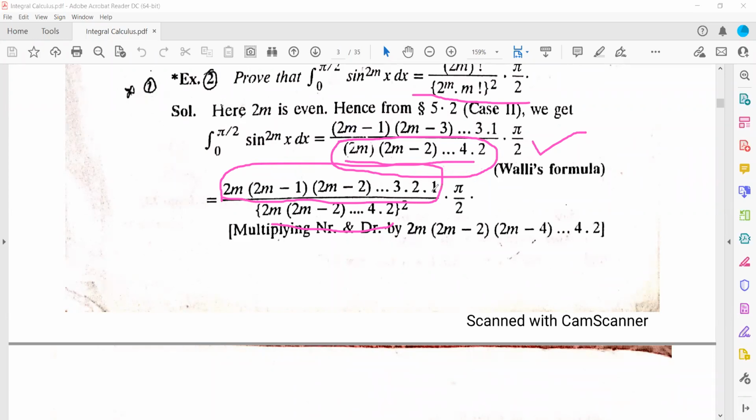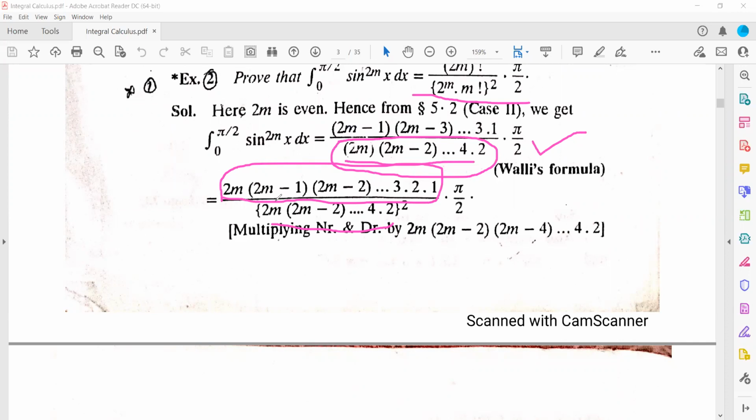Here it is the same thing. It started from twice m, and each term decreases by 1: twice m, twice m minus 1, twice m minus 2, twice m minus 3, like this going up to 3, 2, 1. So this numerator we can write as factorial twice m.